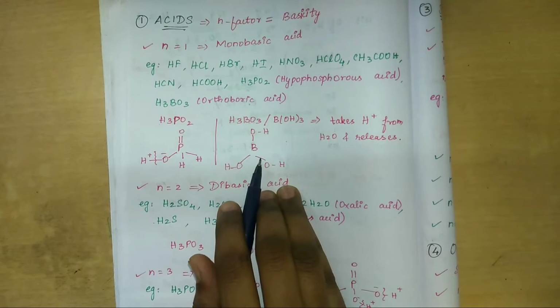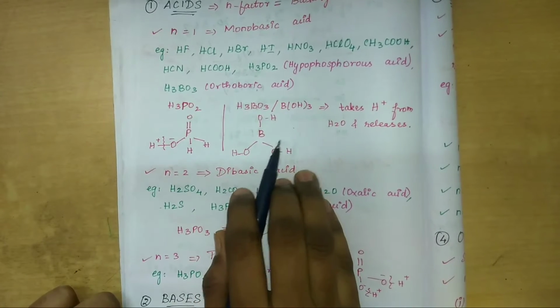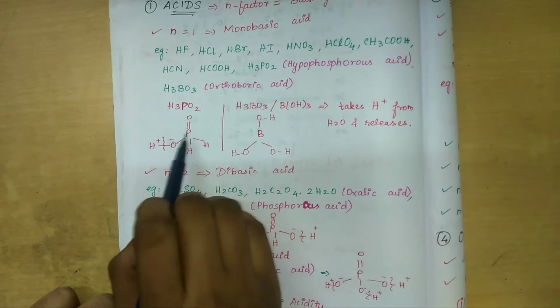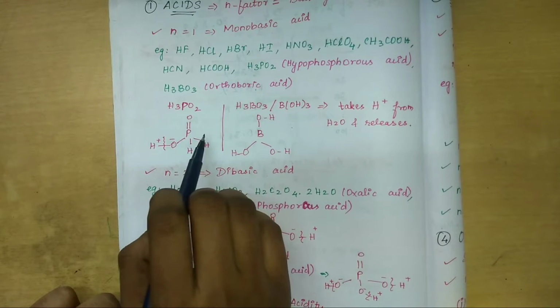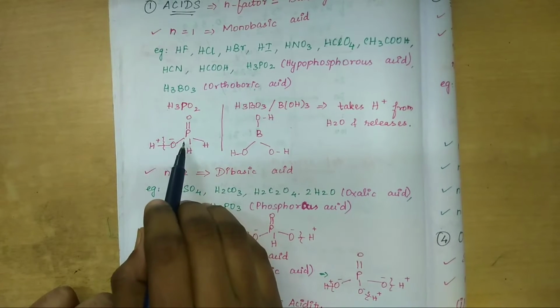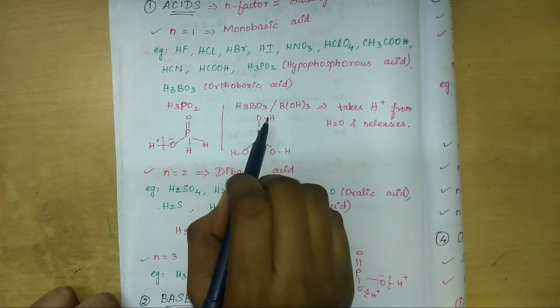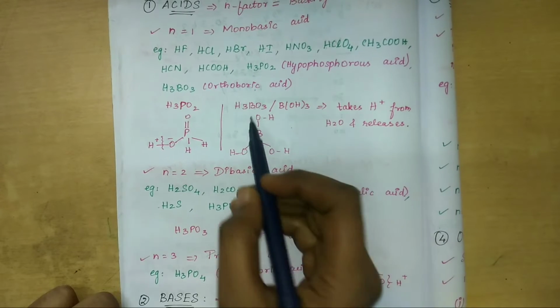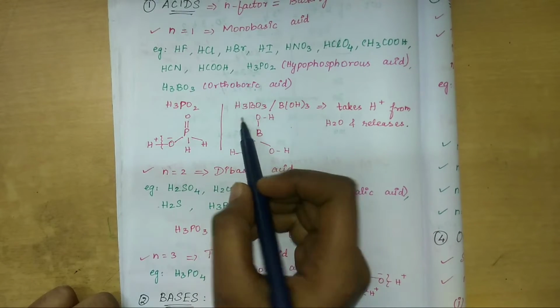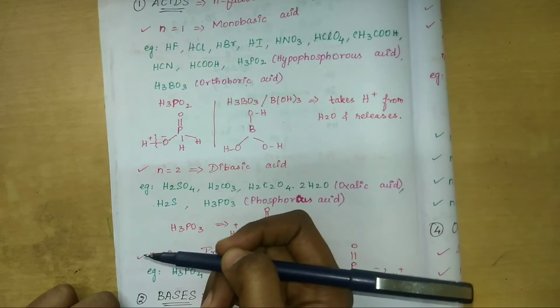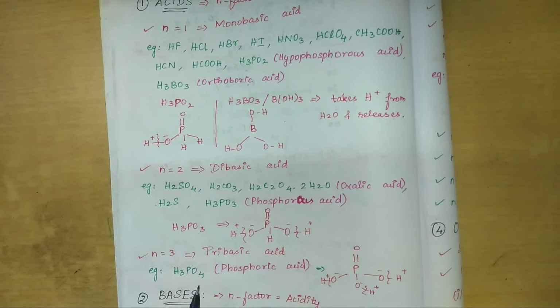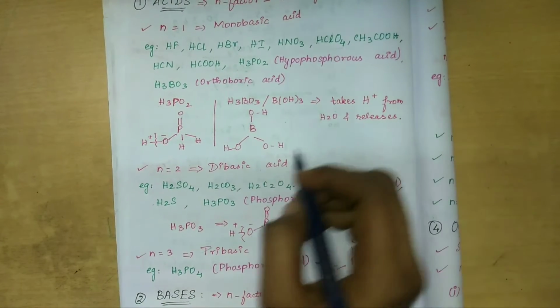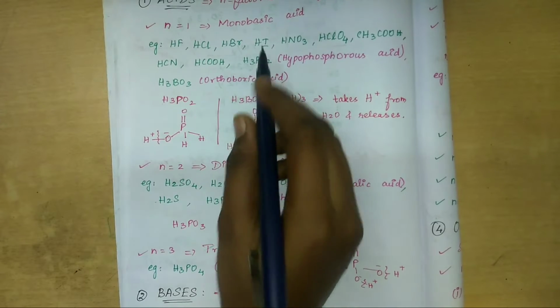And orthoboric acid is different: the other acids release H plus ions from the molecule itself, but orthoboric acid releases H plus ions from the water molecule. It does not release its own hydrogen ion. It takes a hydrogen ion from the water and then releases it. It releases only one H plus ion per molecule, so it is monobasic.